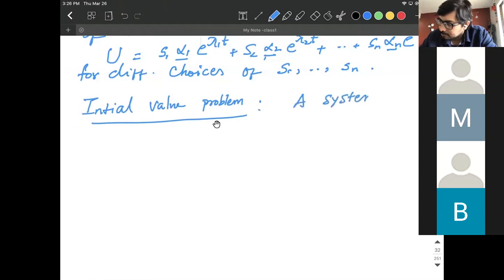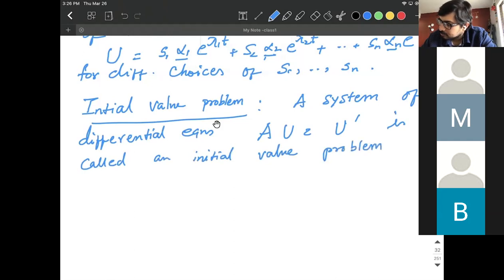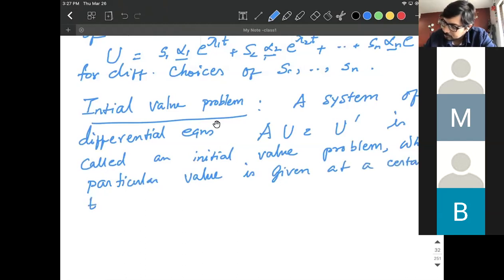A system of differential equations, AU equals U prime, is called an initial value problem when a particular value is given at a certain time. So usually at t equals 0.